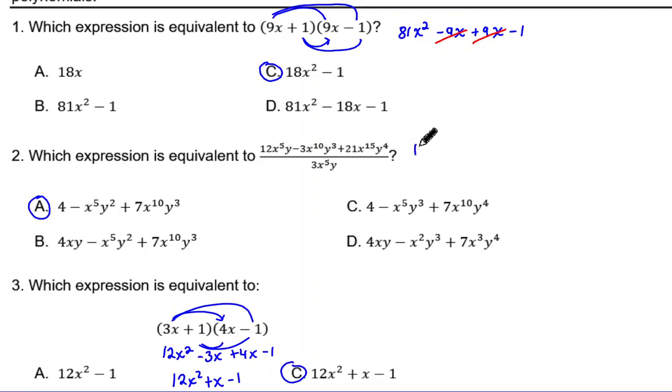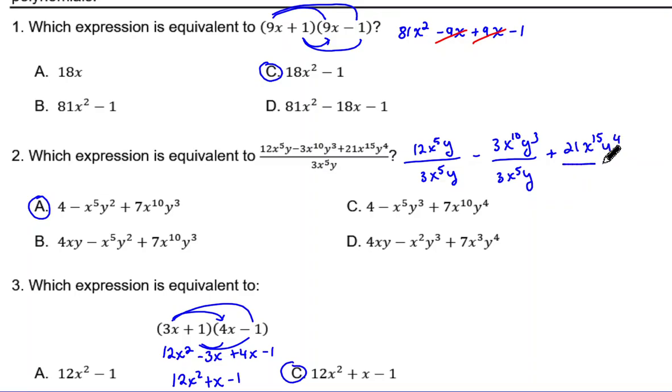What you can do is take the first term, 12x to the 5th power y, divided by 3x to the 5th y, minus the second term divided by the same thing, and then the third term here, divided by the same thing. So make sure that everything gets divided by the denominator.